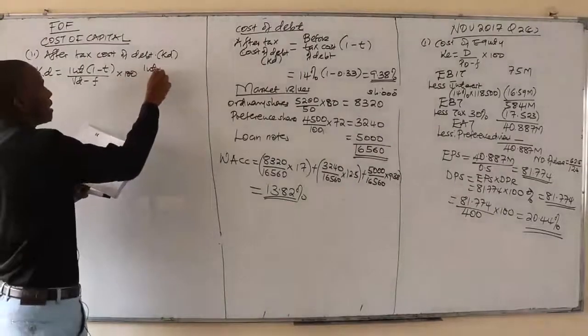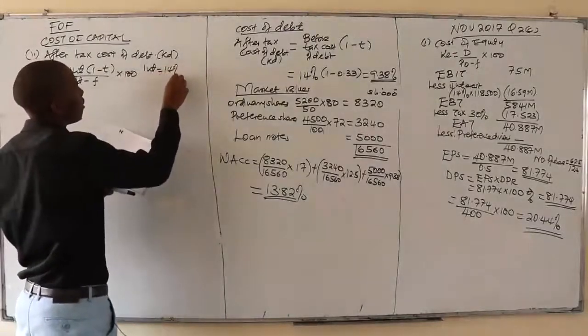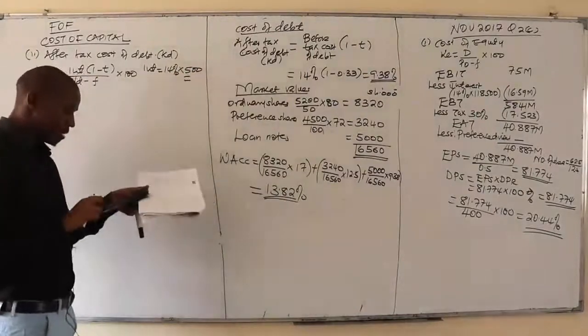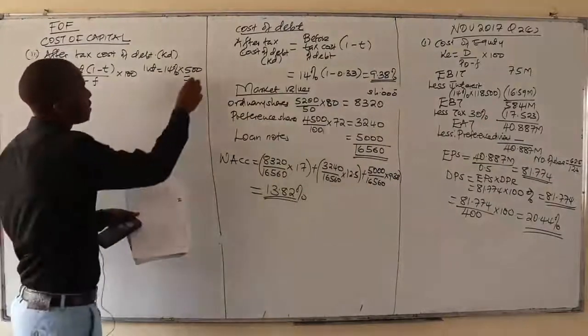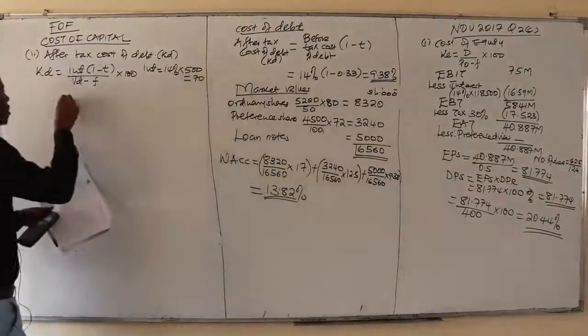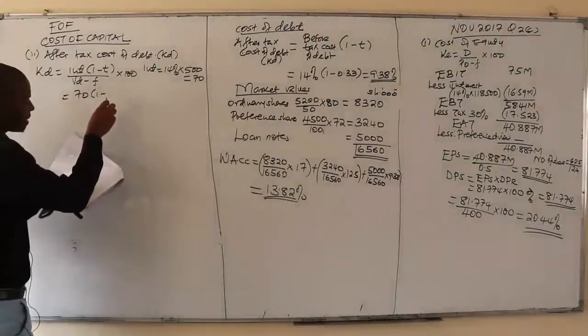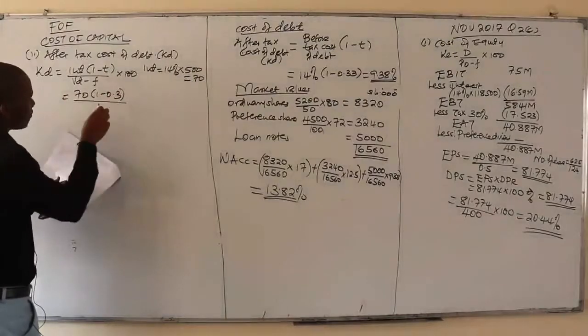Interest is the rate of the par value. And therefore, it will be 14% of the par value, which is what? 500. And the 14% of 500 is 70. That is the interest. So it will be 70, 1 minus taxation, which is 30%, 0.3. Then you divide by the value of the debenture.